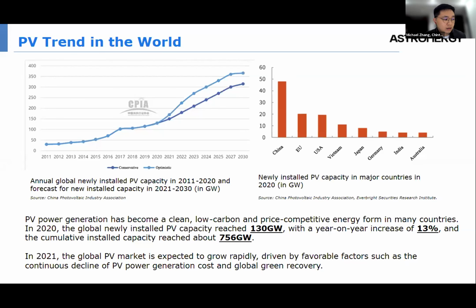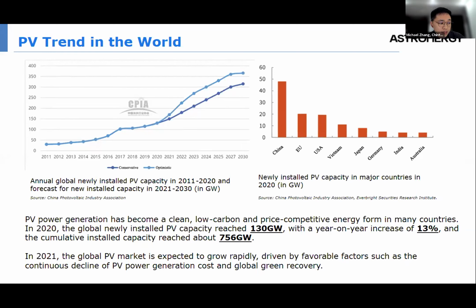Since we are all experts in solar energy, we know that during the last decades, the growth of this clean energy has been booming worldwide. We have observed a year-on-year increase of about 13%, and so far, the accumulated installed capacity of solar energy in the world has reached about 756 gigawatts.